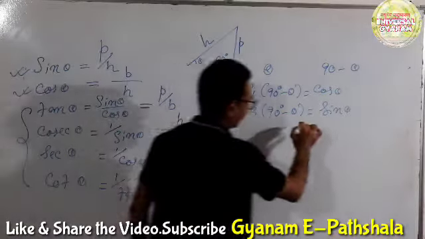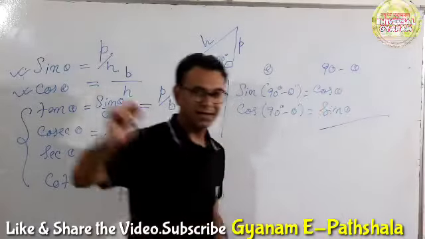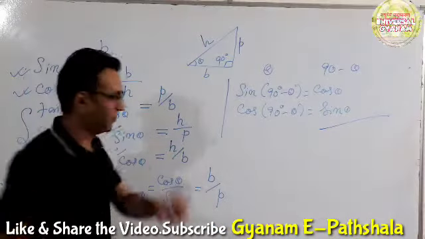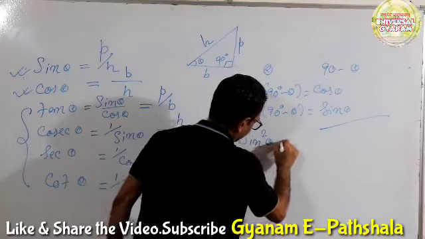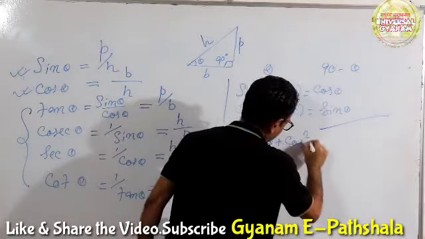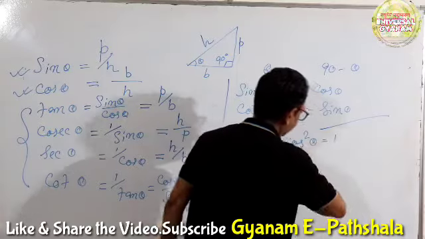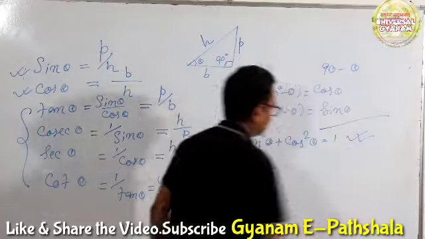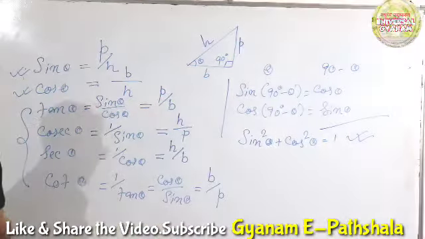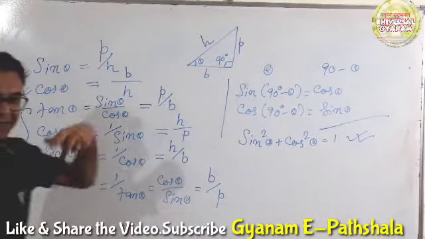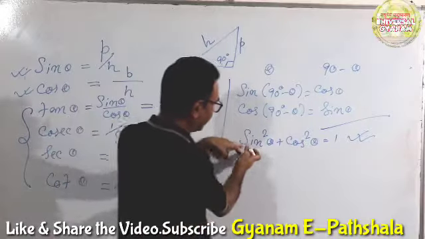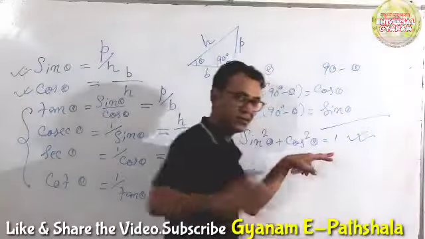Then we did trigonometric identities, and here we remember just one thing. Sine square theta plus cos square theta is equal to 1. I remember just this. What you can also do is, you can think of dividing both the left hand side and the right hand side by cos square theta.